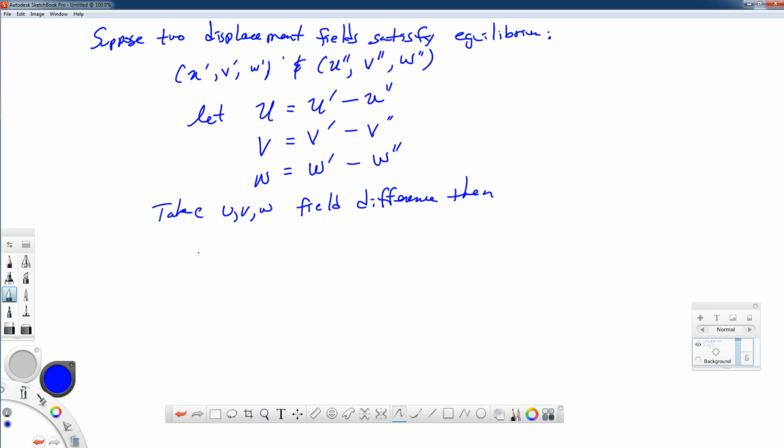So, as we had just written down before, we're going to have the stress and the partial derivative of that for equilibrium. But now, this field is the difference between these two that may satisfy equilibrium. Okay, so when you read that in the book, it kind of looks funny because all of a sudden the body force term is gone, but it's gone because the two fields that satisfy equilibrium are subtracted from one another.